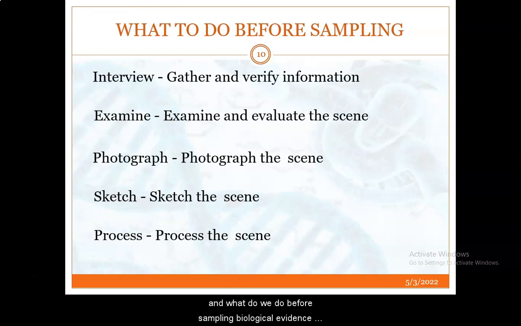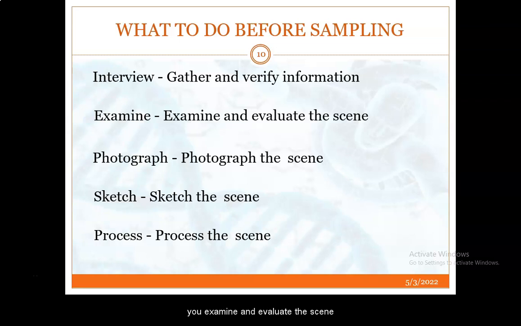And what do we do before sampling biological samples for human identification, or sampling anything, even if not biological material? When you find the deceased body, what do you do before you take anything that you deem fit for identification? First thing to do is to interview people, and this is to gather and verify information.